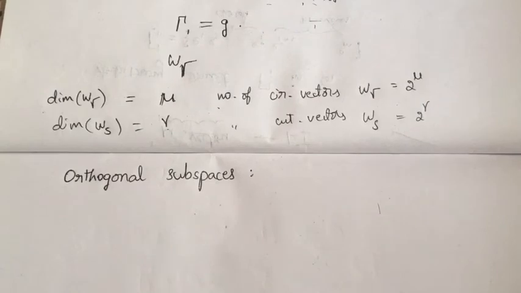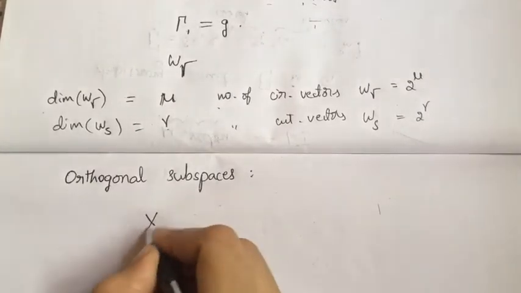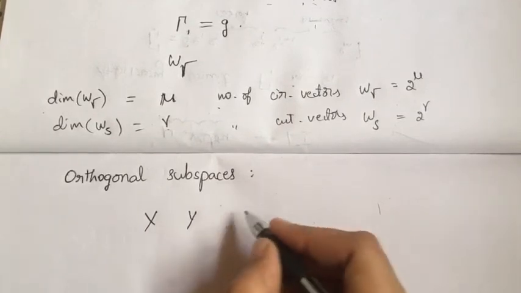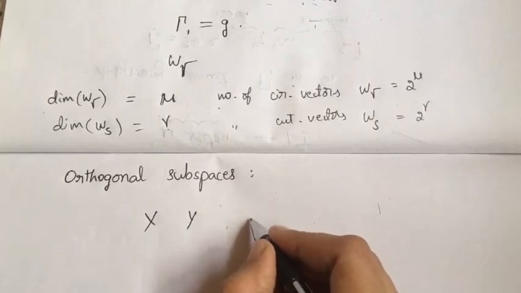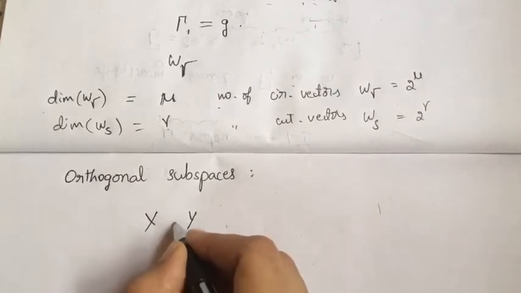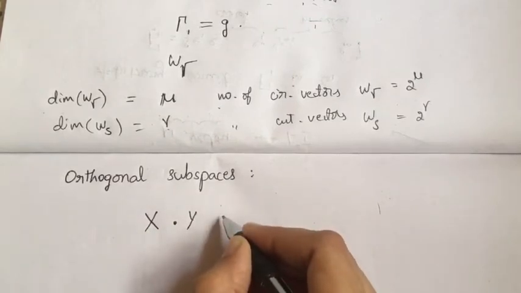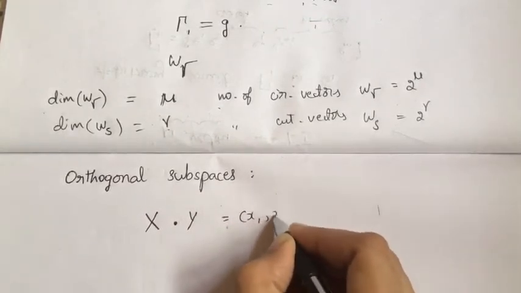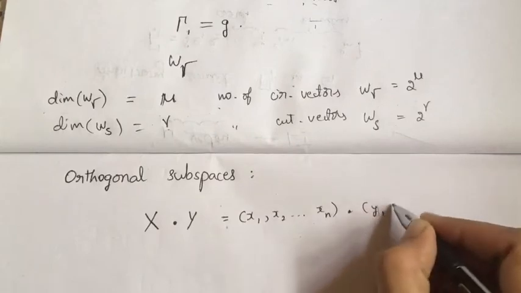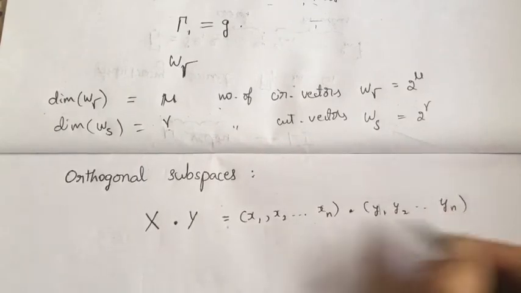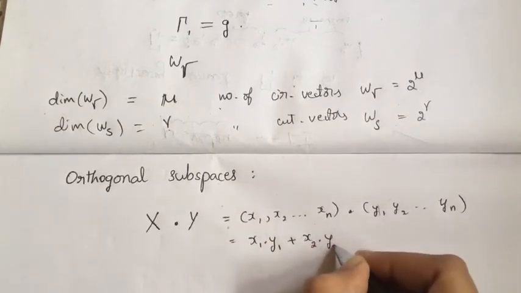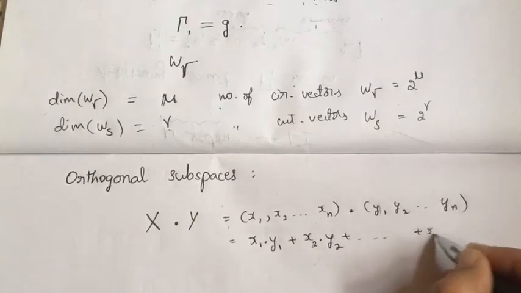The dot product of two vectors x and y in a vector space W is a scalar quantity, defined as follows. x dot y, that is (x1, x2, ..., xn) dot (y1, y2, ..., yn), is nothing but x1 dot y1 plus x2 dot y2, like that, up to xn dot yn.